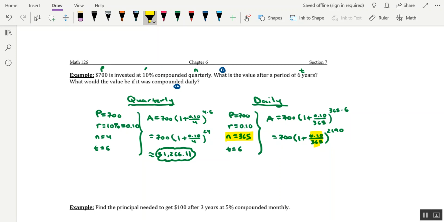So under the daily scheme, we are looking at roughly $1,275.38.